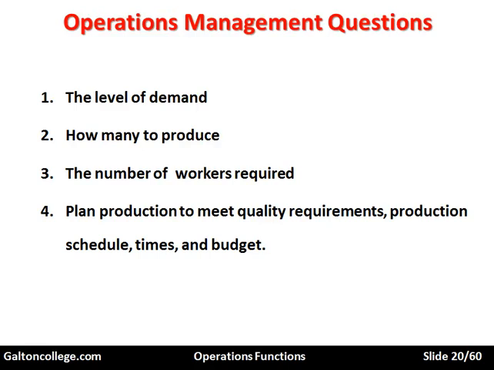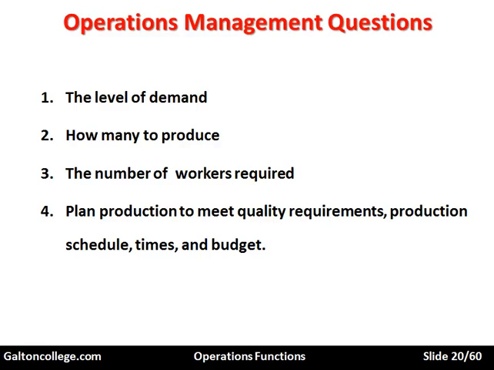It needs to set up a production schedule, have times and budgets, so that it knows what to make, what quality to make it, what quality standards should be in place, and the whole schedule and the timings and how much budget will be allocated to it. So it needs to have a very detailed plan.